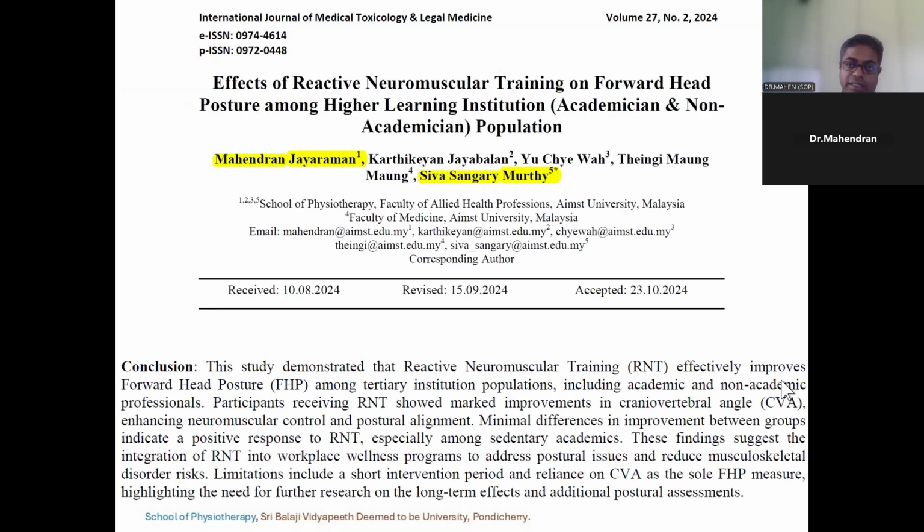We also conducted research using this technique on patients with overhead posture, especially in higher learning situations, comparing it with conventional physiotherapy approaches. Along with augmented RNT, we found that RNT patients had better recovery when compared with the conventional approach of physiotherapy.